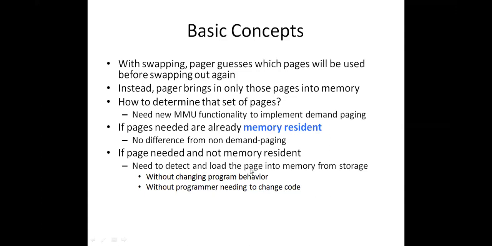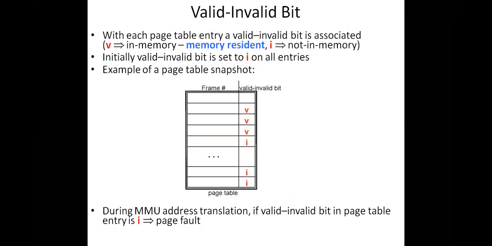Whenever we are loading a page into the main memory from secondary storage, that loading will never make any changes to the program behavior, and the programmer does not need to change the code for loading a page into the main memory. Okay? And next, as I told you earlier, if the page is available in the frame, then it will be indicated by valid.